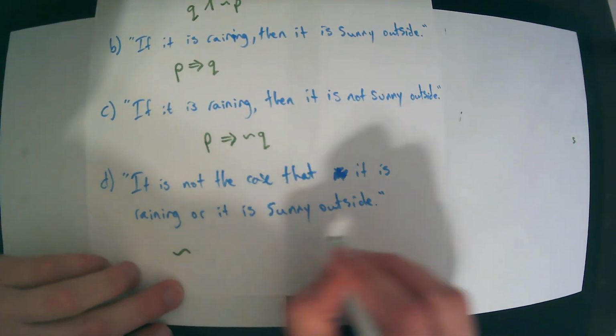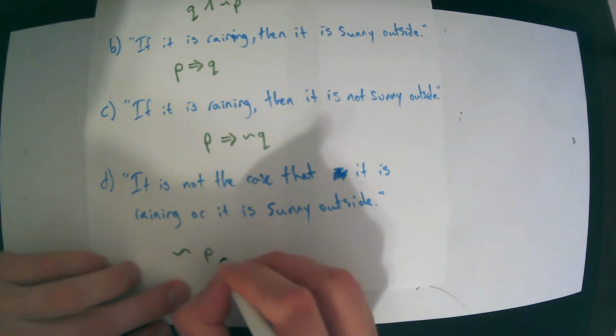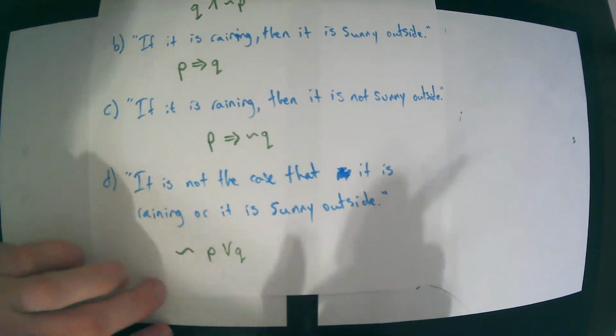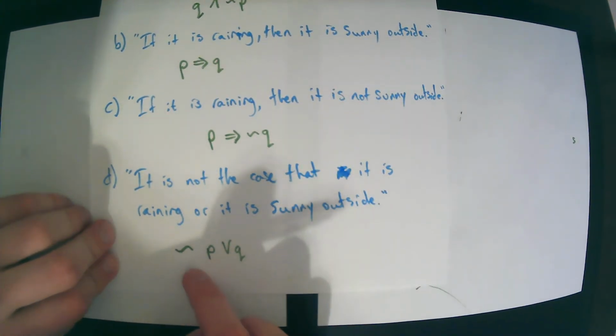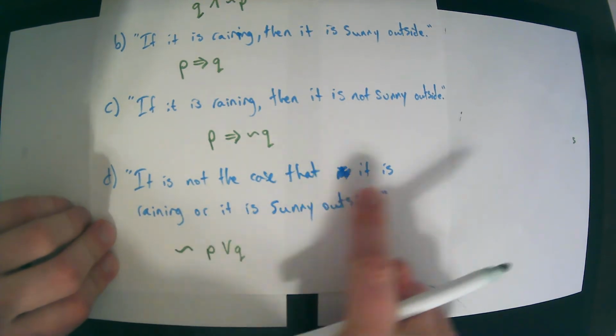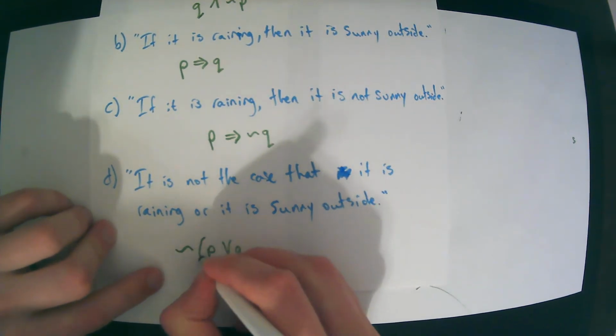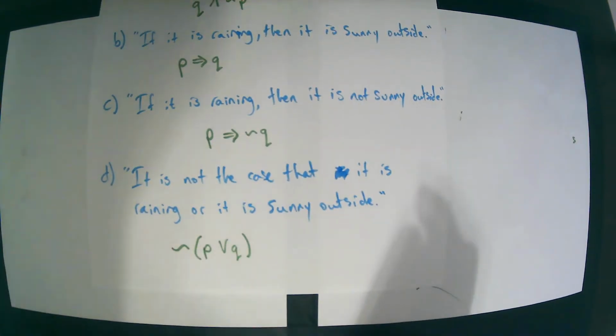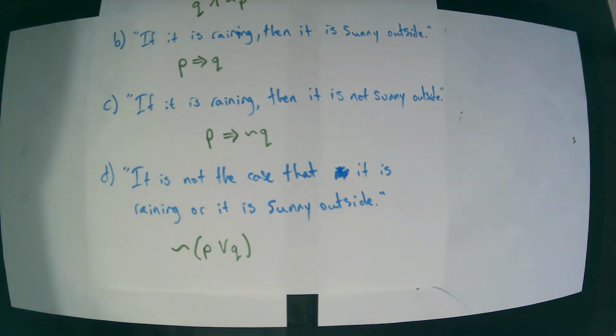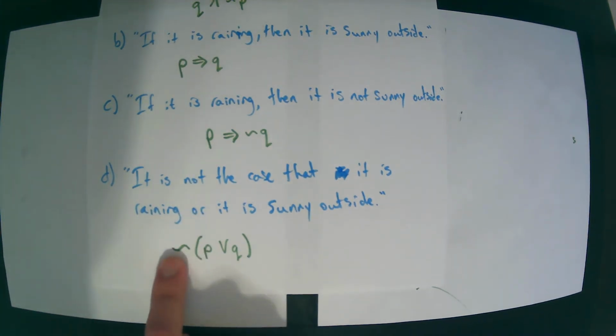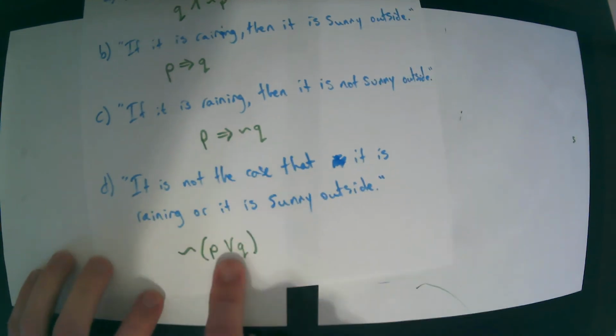So it is raining or it is sunny outside, that's going to be P or Q. But I want to negate this entire statement, the entire compound statement here at the back. So I use parentheses, I use those grouping symbols from algebra to say it is not the case that, and then the whole rest of the statement.